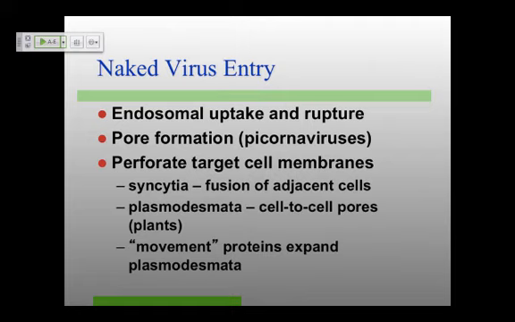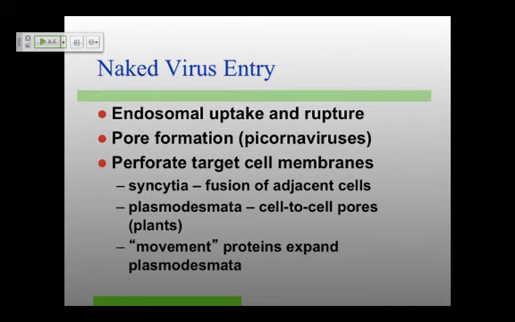Fusion of adjacent cells is great for a virus because it makes it easy to get from one cell to the other, but it turns out that syncytium is also really critical for development of things like the placenta. So mammals that have live birth are dependent on formation of syncytia, which turns out comes from a virus protein originally.